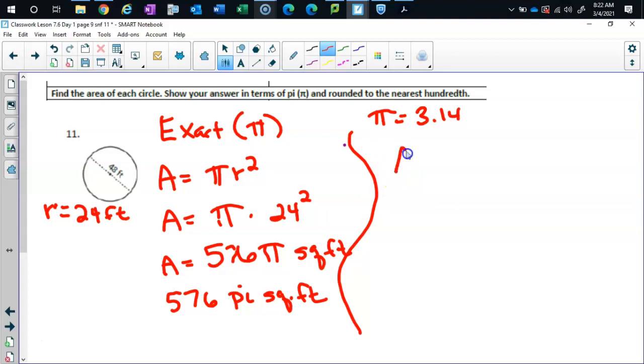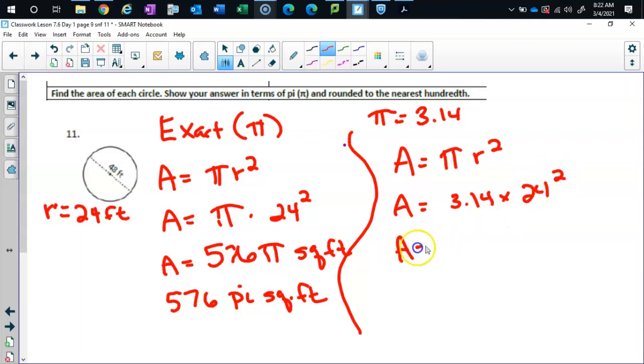All right, this is what you should have done. Area is pi r squared. So area is 3.14 times 24 squared. And you end up with 1,809.56 square feet.